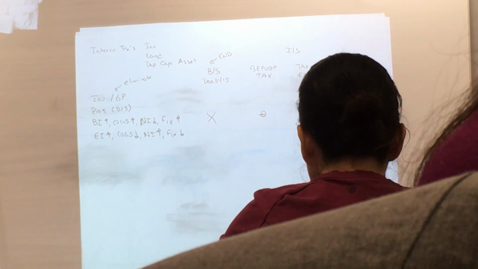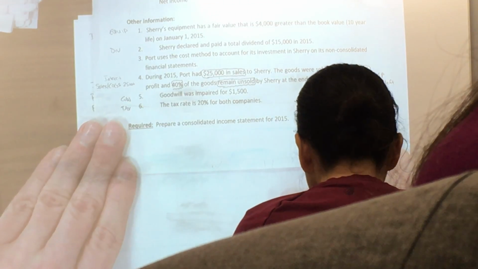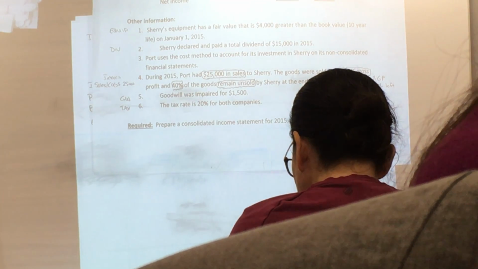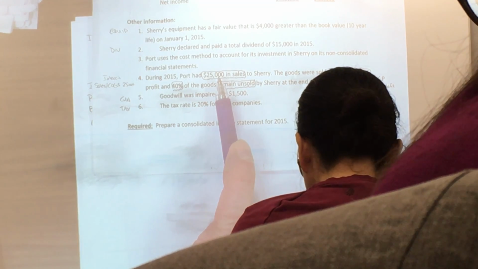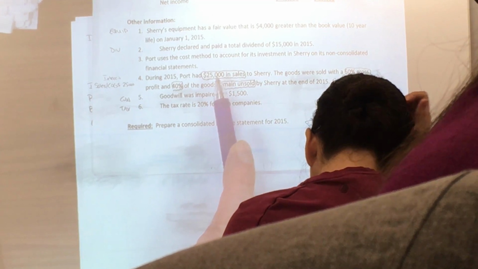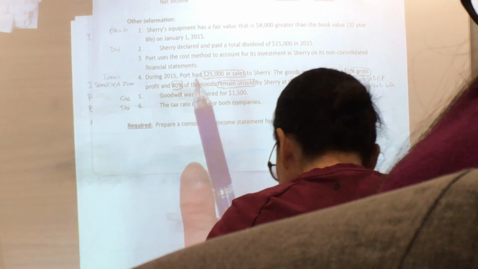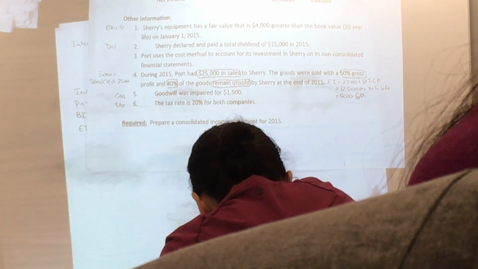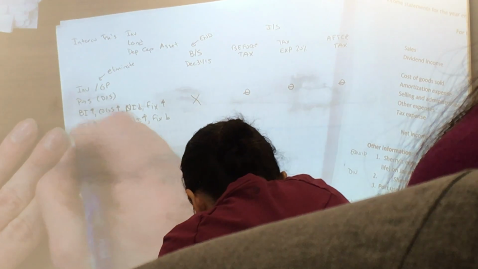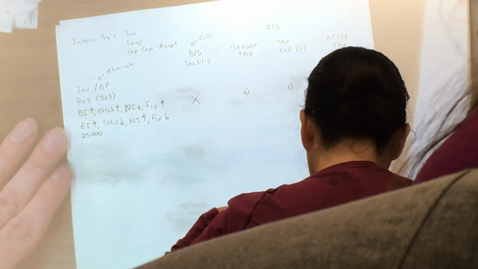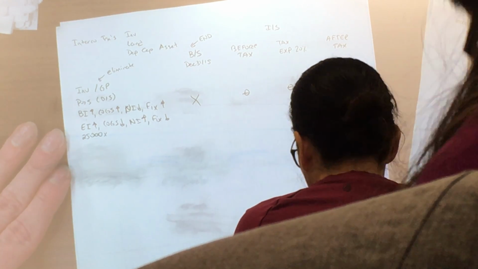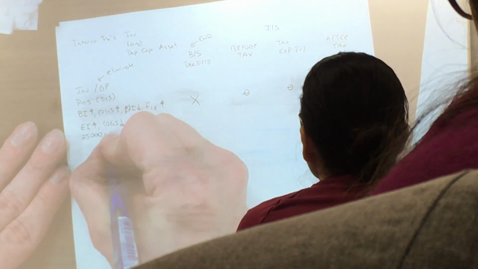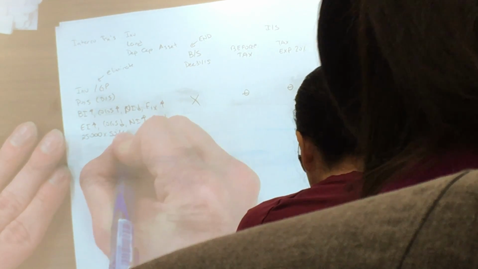All right, what do we know? We have point number 4. Point number 4 says we have sales. Is it sales that we need? No, we need to convert our sales into gross profit. So we have $25,000 in sales, but we need to convert it into gross profit, and we do that by doing what? Yes, 50% gross profit.